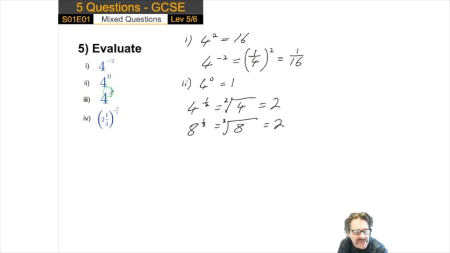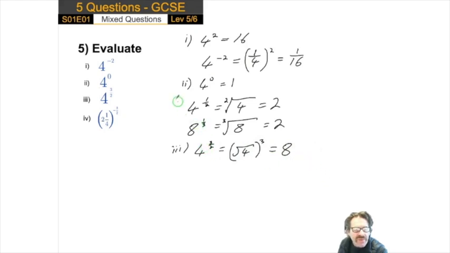In this case, we've got 4 to the power of 3 over 2, which means, so for part 3, we're going to find the square root of 4, that's the 2 at the bottom, and then we're going to cube it. So we could write it like this: 4 to the power of 3 over 2 is the same as the square root of 4 cubed, like that. So the square root of 4 is 2, so 2 cubed is 8.